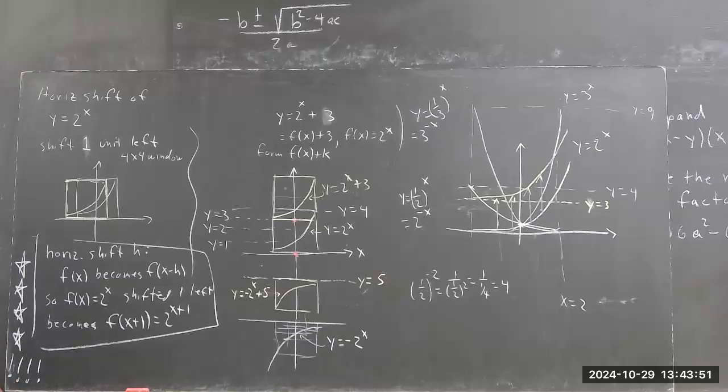Now, the other thing is, what does that do to the graph? It's still got the shape of an exponential. The only thing that changed was its y-intercept.